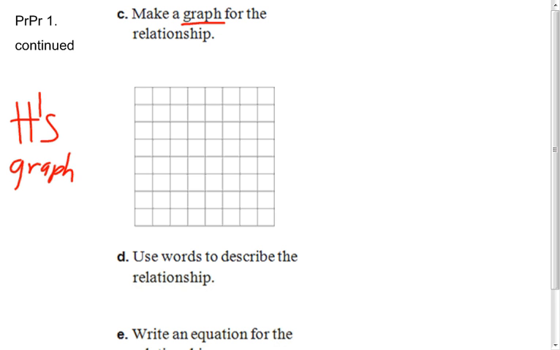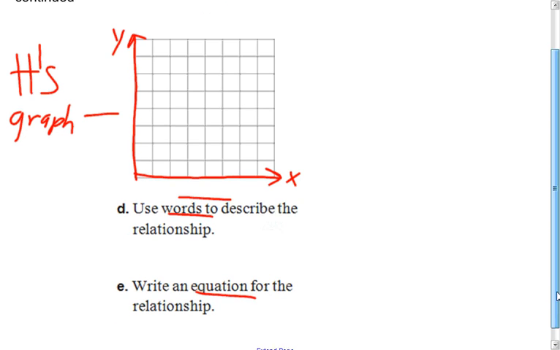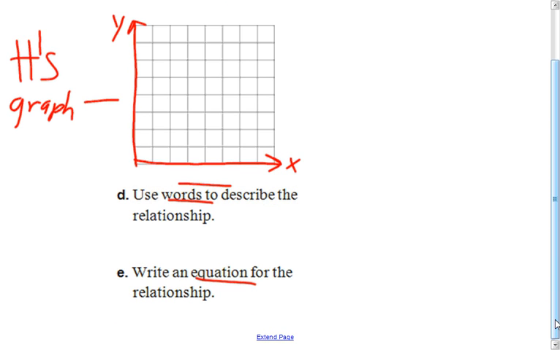A graph that doesn't have any numbers doesn't mean anything. Okay? So, you're going to have your y-axis, your x-axis. You need to have labels, and you need to make sure you plot your points. Okay? Make sure you put numbers going up the side and across the bottom. You also need to use words to describe the relationship, and you also need to write an equation. Okay? Lots of stuff that problem asks you for.